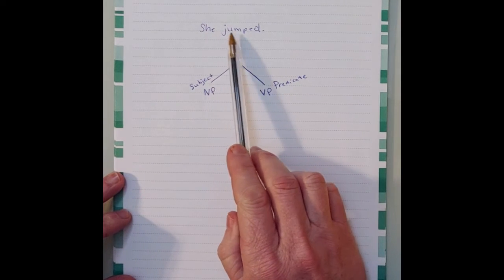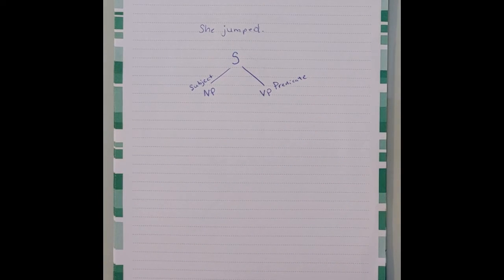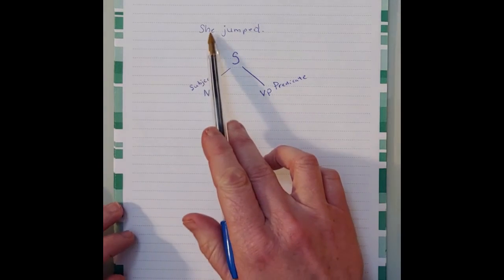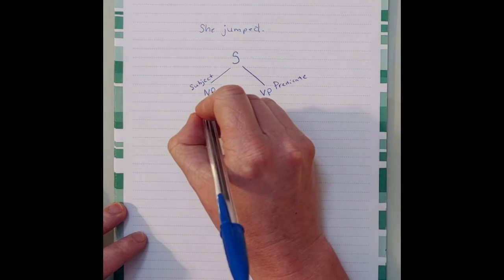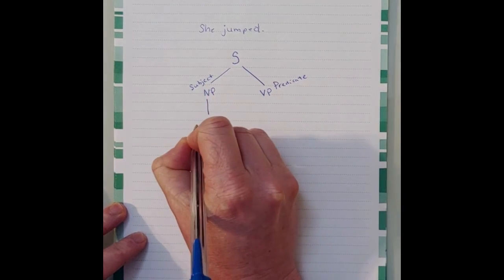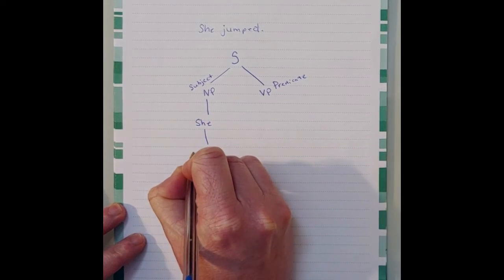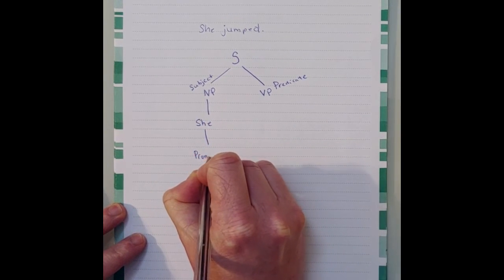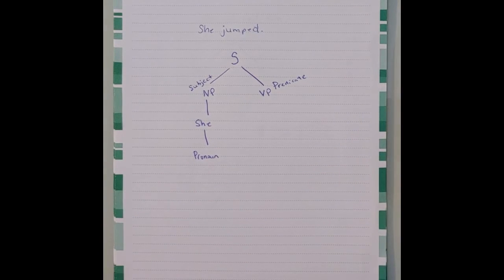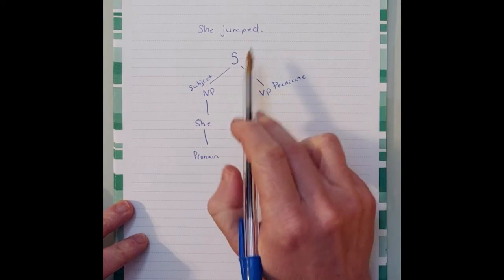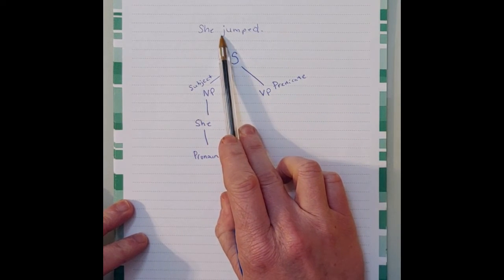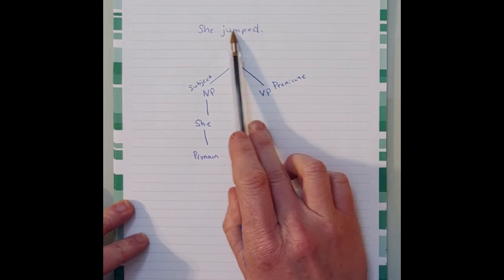I'm working with the sentence, she jumped. And as we've gone through this demonstration, we've seen that our noun phrase or our subject always has to be a noun or a pronoun. And in that case, it is she. So from my noun phrase, I'm going to draw a line down and I'm going to write she. And then I'm going to identify that as a pronoun. Okay? Then for my verb phrase, I know that my verb phrase or my predicate in this sentence is the verb and everything after it.